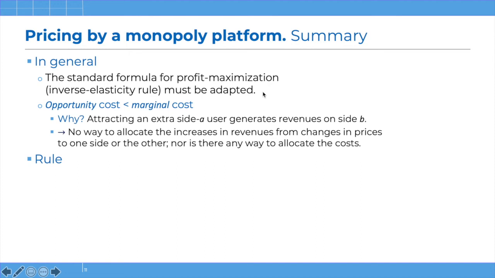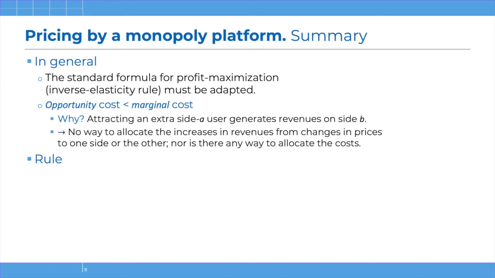You've been taught how to find the profit maximizing price of a monopoly by looking at the first order condition for profit maximization, which can be reinterpreted in what is called the monopoly pricing formula. On the left hand side you've got the margin, the price minus the cost divided by the price, and on the other side you've got the inverse of the elasticity of demand.